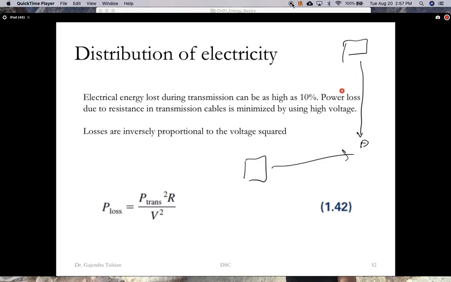So you want to minimize these losses, and if you transmit at high voltage, the losses can be minimized. The losses are the power you're trying to transmit times the resistance of the wire divided by the voltage at which you're trying to transmit. So the higher the voltage you transmit at, the lower the loss.